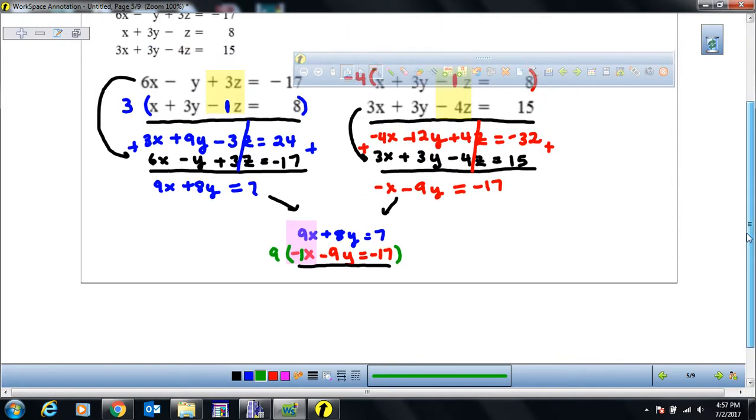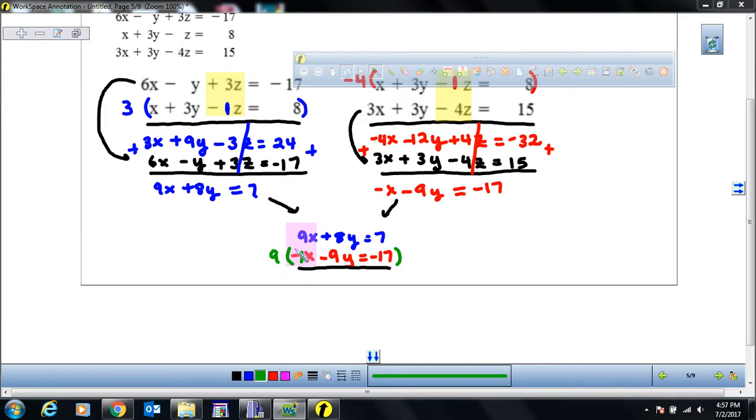So if I do that, then we're going to get 9 times -1x is -9x. 9 times -9y is minus 81y equals, then we're going to multiply the 9 times -17, that's going to be -153. And then we need to add it to this equation here. So the 9x plus 8y equals 7.